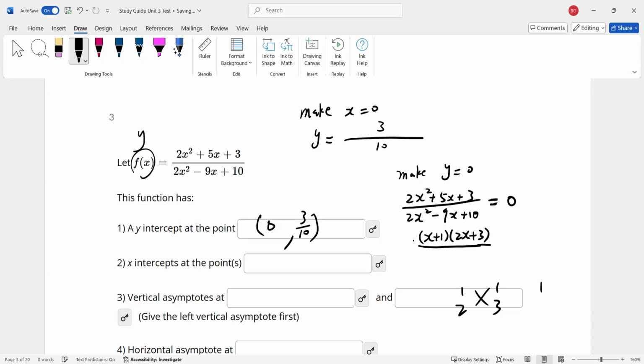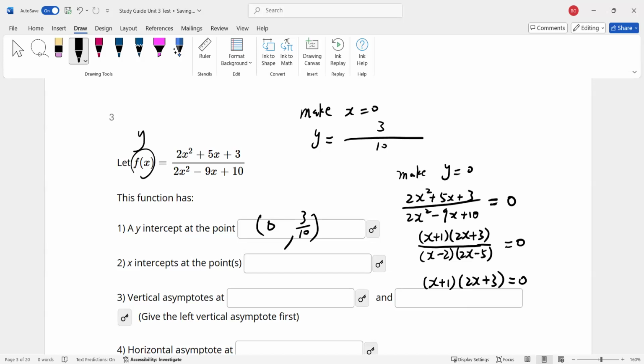The denominator is x minus 2 times 2x minus 5. The numerator and denominator do not have a common factor, so we can just make the numerator be 0.